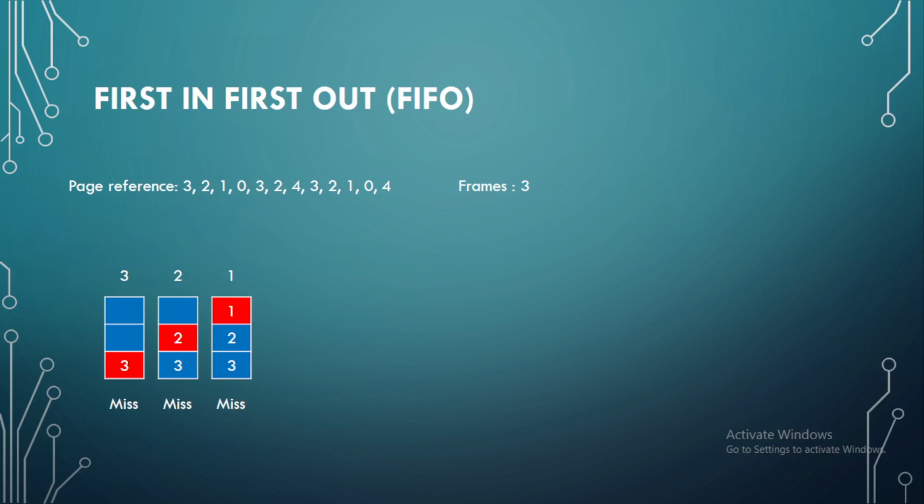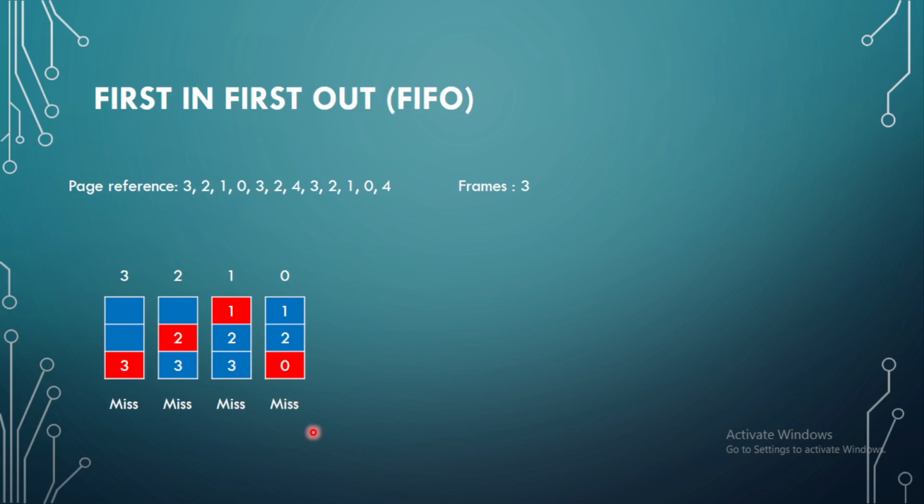Now the next page needed is 0. 0 is not available in the primary memory, so we need to replace one of the pages, either 1 or 2 or 3, with 0. Here 3 is the page which was brought into the memory first, so we are going to remove 3 and replace it with 0. Since 0 is not available, this is a page fault.